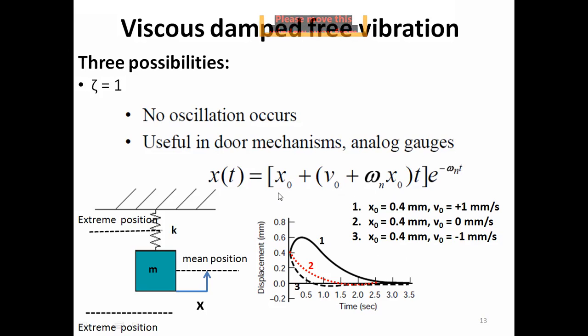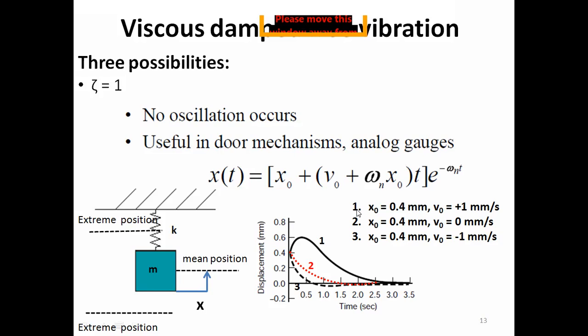Here we could also see that the response of the system would depend upon the initial conditions x naught and v naught. So if we change the initial condition, the response would change. We would try a few examples where we change the initial conditions, and then we would see how the response of the system would be.